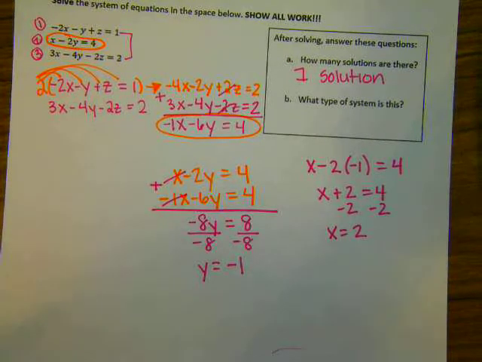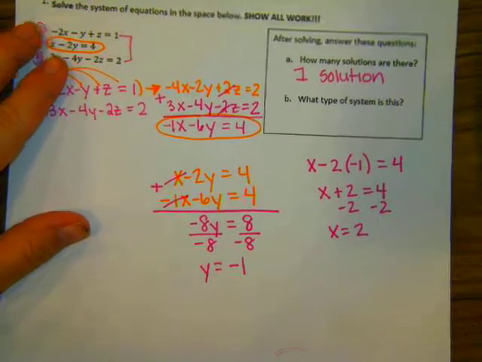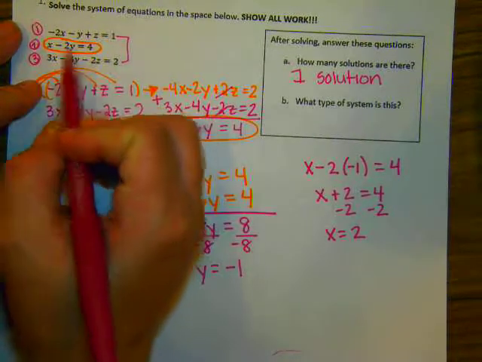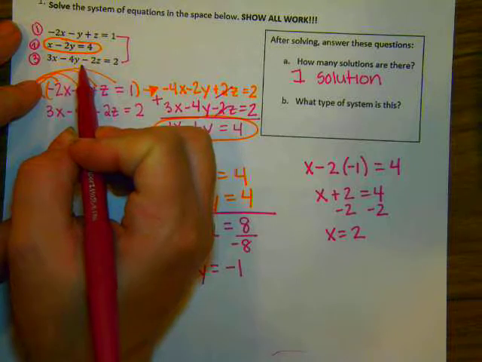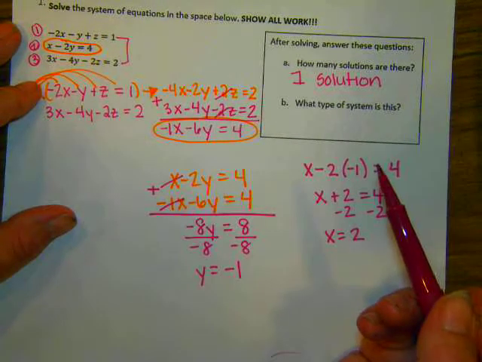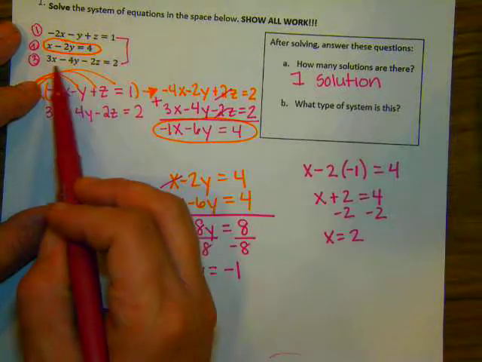Now that you have two of the answers, you need to go back to the original problem up top. Again here, go back to the original and plug it in for either the first or the third equation, because you got to plug these two numbers in, substitute them in to find z. Okay? So I'm going to substitute it into the third one.